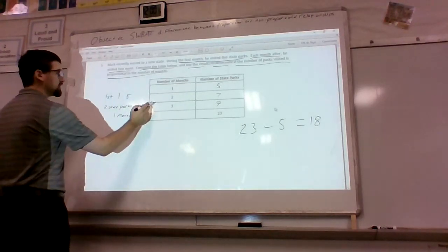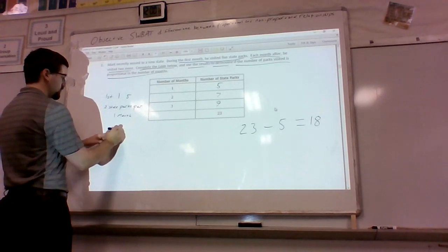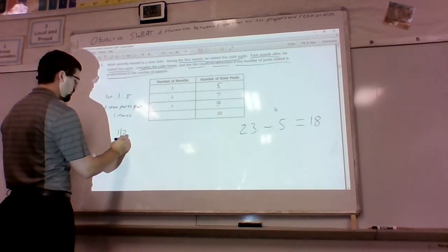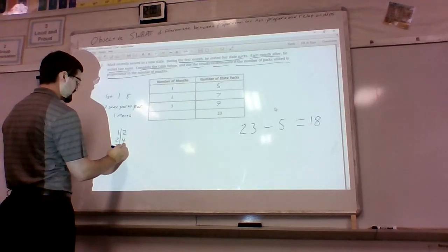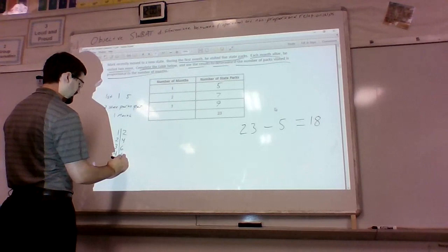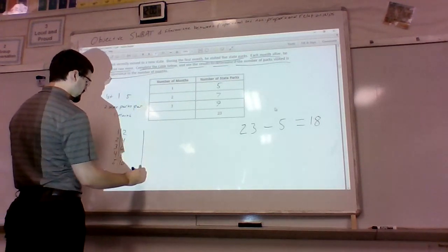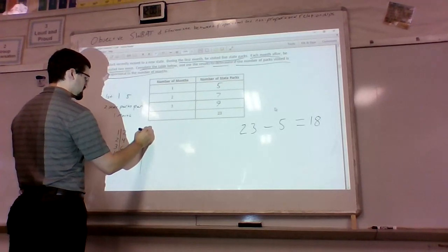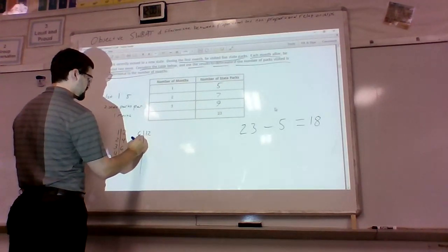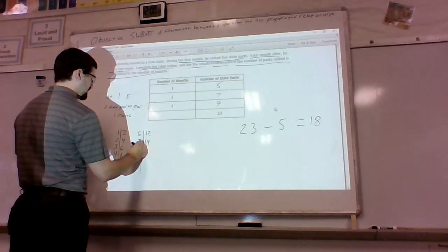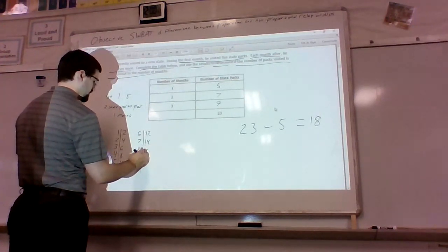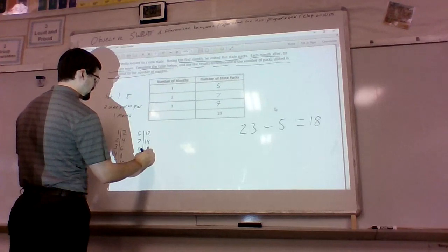Okay. So now we can use our rate. In 1 month you go to 2, 2 months he would go to 4, 3 he would go to 6, 4 he would go to 8, 5 he would go to 10, okay, then continuing here. After 6 months you would go to 12, 7 months you would go to 14, 8 months you would go to 16, 9 months you would go to 18.